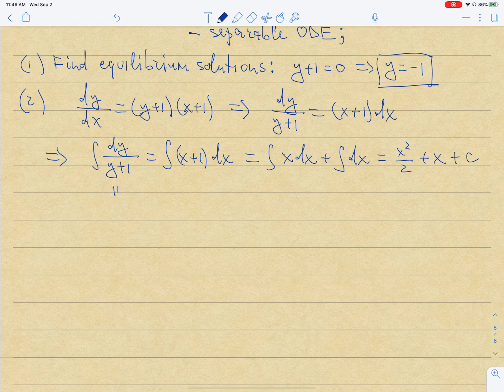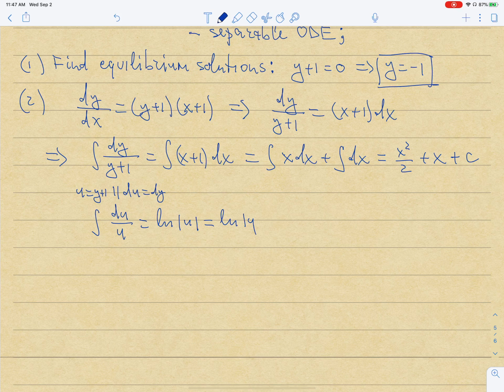And now what about the second integral? I can use a substitution. u is y plus 1, so that du is dy. Then the integral becomes du over u, and it is equal to ln of absolute value of u. Again, notice I'm not adding the constant here because I already added it on the right-hand side. And now who is u? u is y plus 1, so this is ln absolute value of y plus 1.